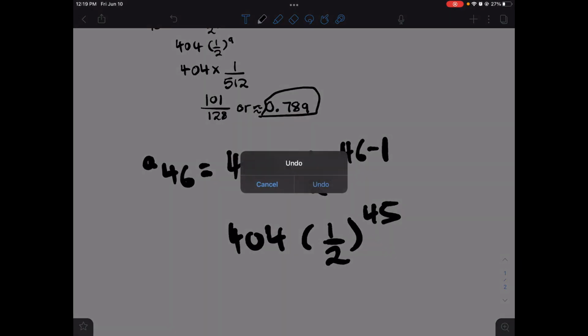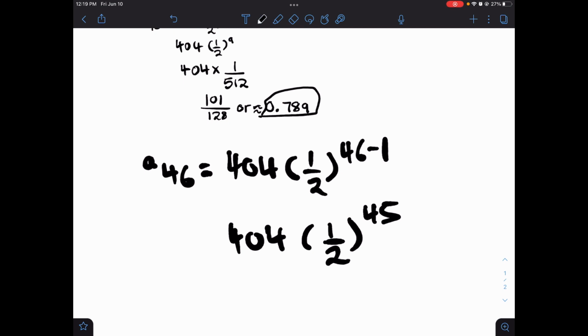So 1/2 raised to the power of 45 is a very, very small number.